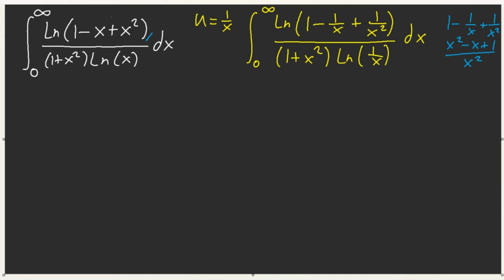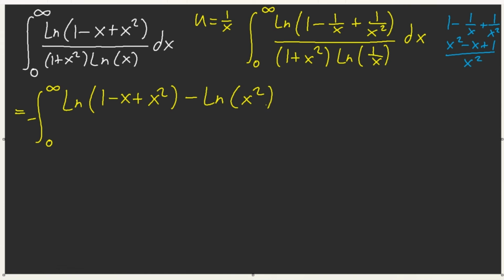It's exactly what we have on the inside here. So technically we have a negative integral from 0 to infinity of 1 minus x plus x squared minus ln of x squared, all over 1 plus x squared ln of x.